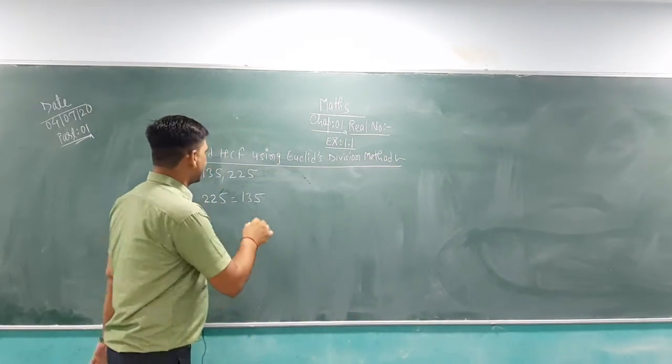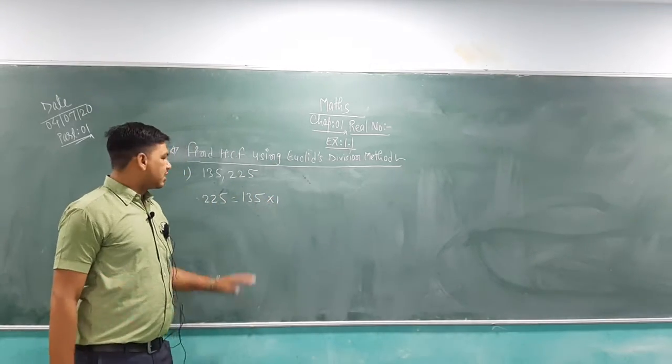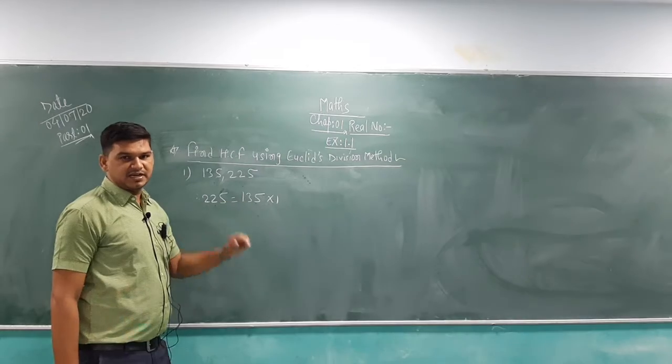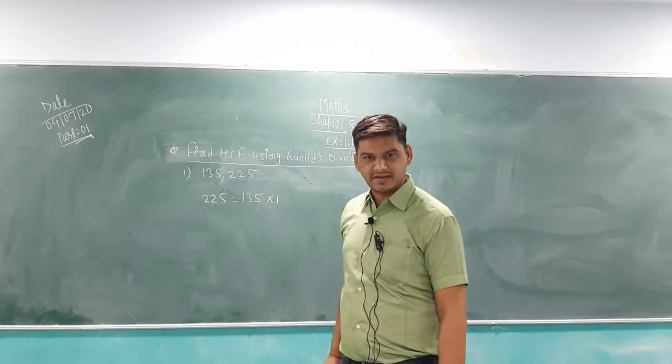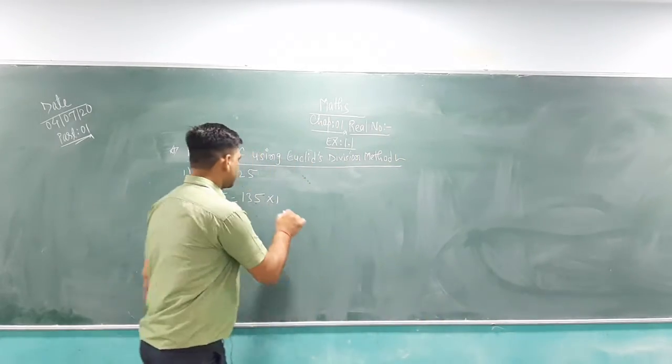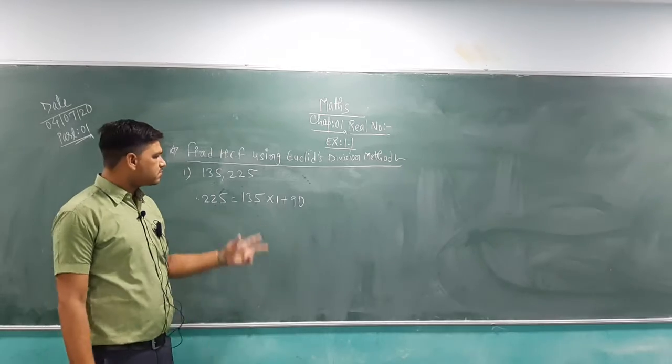So it should be multiplied by 1. 135 ones are 135. Now 225 minus 135 gives 90. So the remainder is 90. Clear, first step?